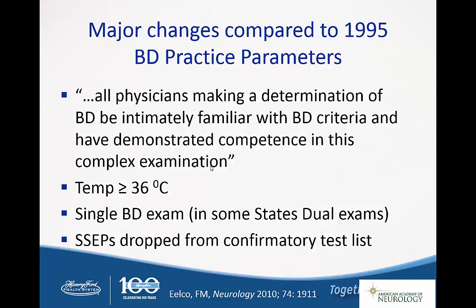So the AAN is pushing for what amounts to something like ACLS, so that you have taken a course and you have a little pocket card that says I know how to run a code, and I know how to go through the exam, and I've demonstrated that in some kind of course. That hasn't exactly materialized, but that's their aspiration, if I can put it that way.